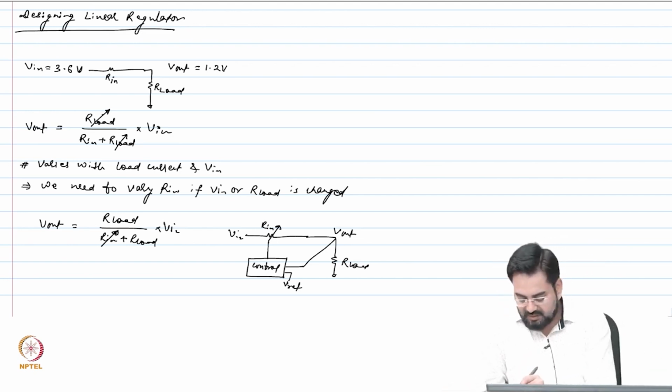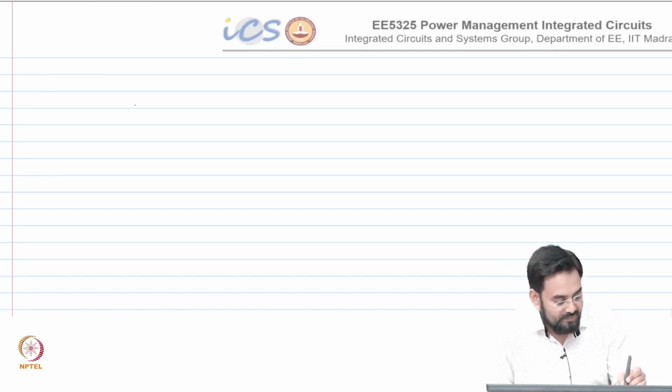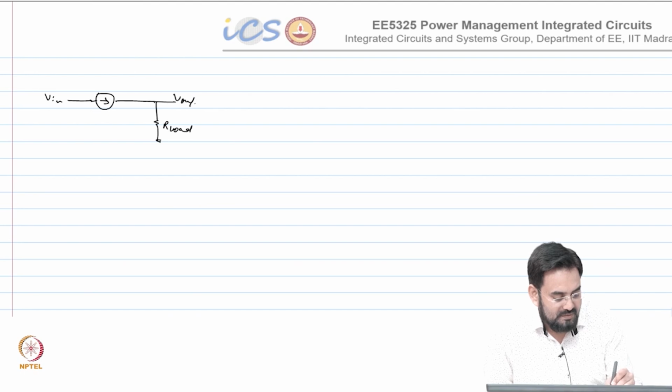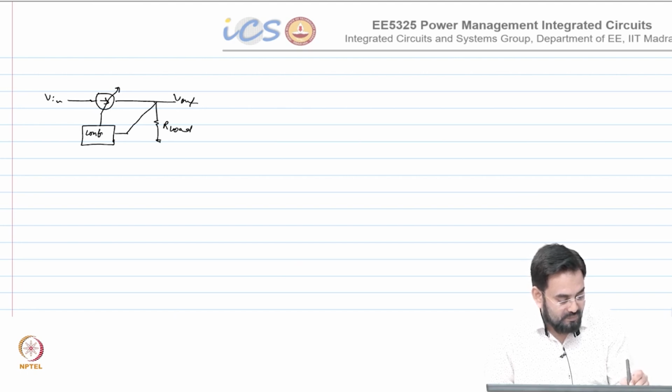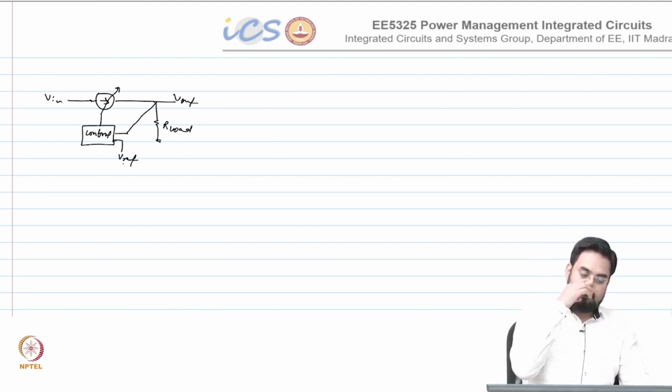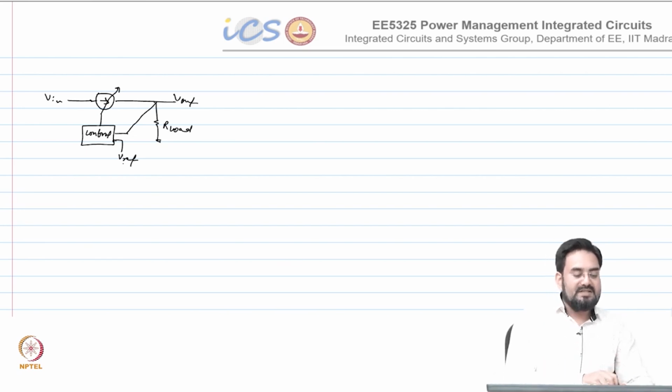So can I do the same thing with this also? Instead of a resistor, if I have a current source, this is your feedback control, which compares with the V ref, and you will achieve the same result.